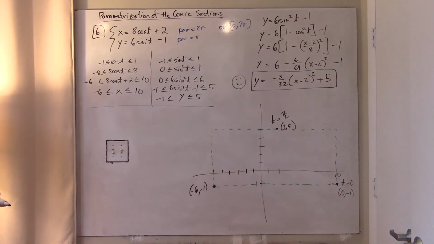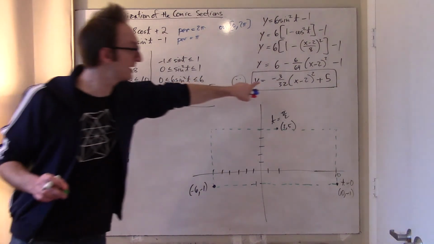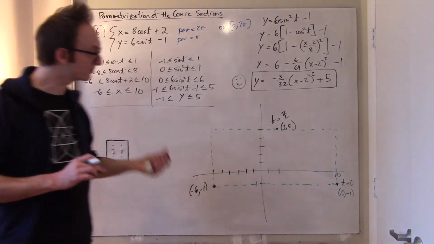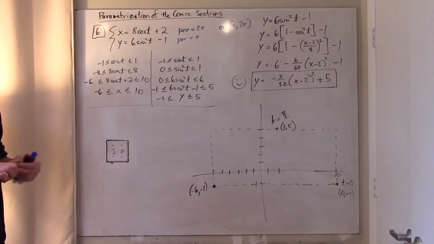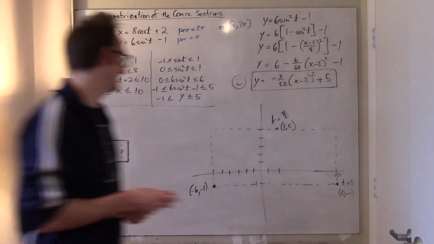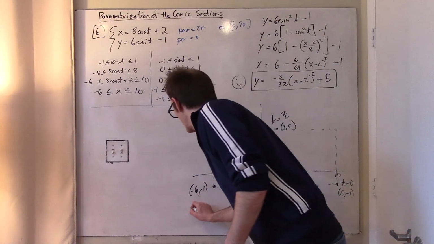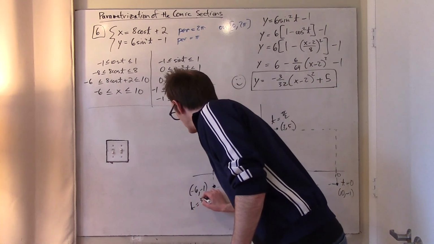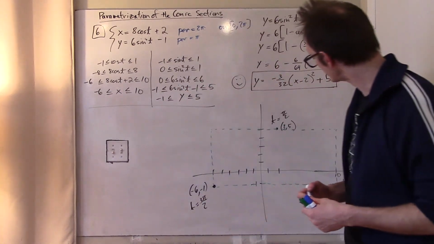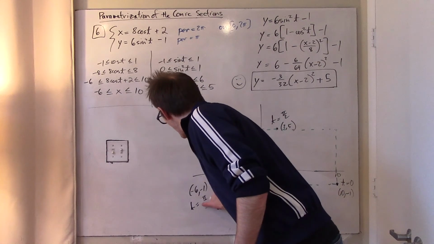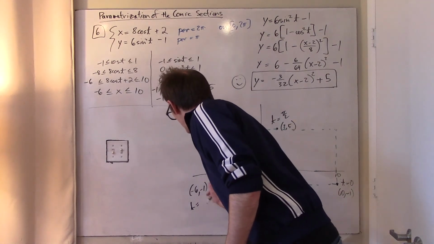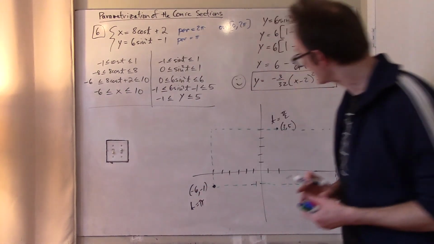And so I already knew that this whole shape is going to be happening inside this rectangle. And so indeed, because of this algebraic relationship, I know it's a parabola. So this is going to be a truncated parabola. And therefore, it's actually just entirely expected that it's going to look exactly like this. So at t equals pi, I mean to say, that's how I got that point, negative 6, negative 1.